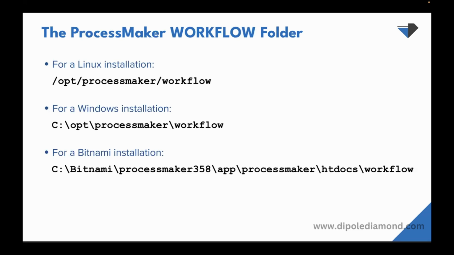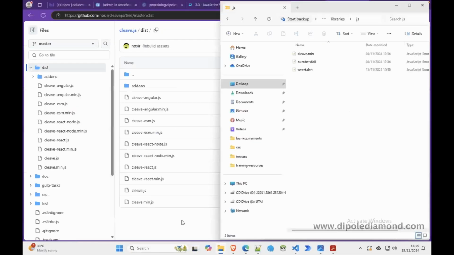But since for this test environment that we're using, we're using a Bitnami installation, we are going to access our workflow folder by going through these other parent folders. So let's see how we can quickly go there.